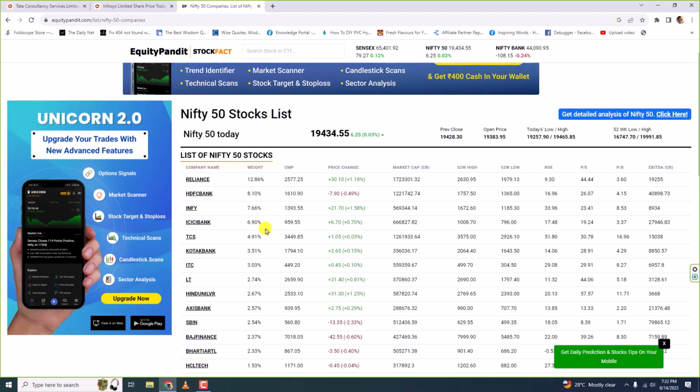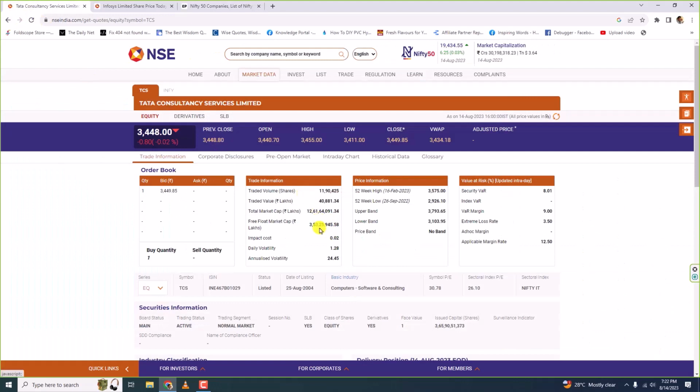This is because the free float of Infosys is higher than the free float of TCS. So let us check it out. I have already shown you the free float of TCS. So here I have the details of Infosys Limited.